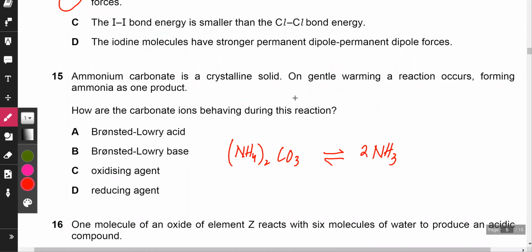Just by looking at it, how are the carbonate ions behaving during this reaction? We don't know what the other product is. So to figure out how the carbonate ions are behaving, first figure out how the ammonium ions are behaving. You had ammonium ions, now you have NH3. What have they done?